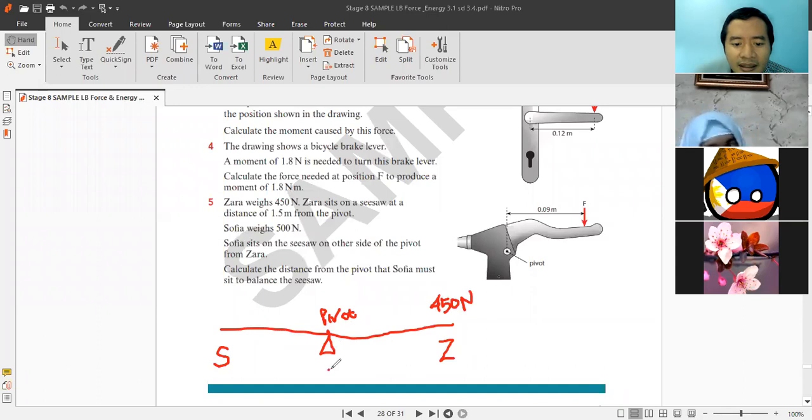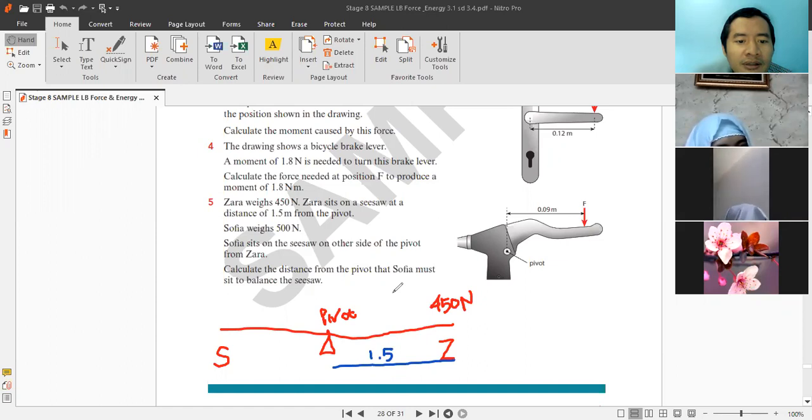So this distance here, I will use another color, the blue one. The distance here is about 1.5. Now, Sophia weighs 500 newtons.